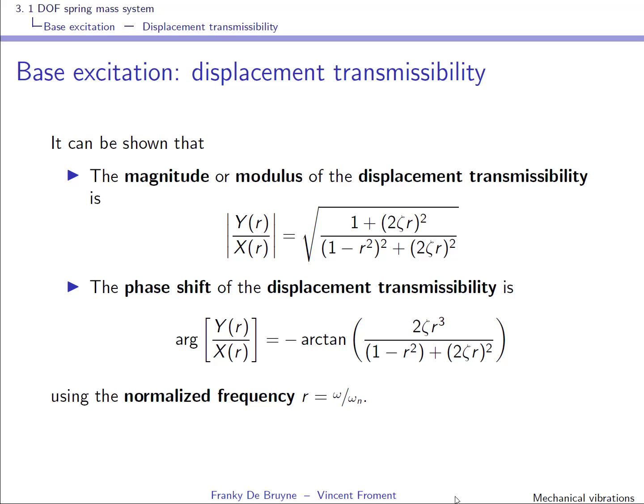Again, we can see what happens if we work with the normalized frequency r, which is omega divided by the natural frequency, and then we can compute the magnitude and the phase shift of this displacement transmissibility, and we obtain expressions that are exactly the same as for force transmissibility in the case of an external force.